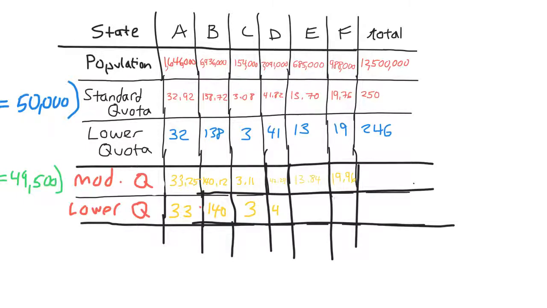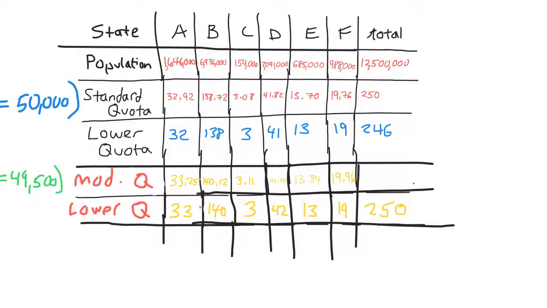We get a 42 here, we get a 13 here, and we get a 19 here. And as a result, when you add all of these up, it actually does end up becoming 250, and therefore we have taken into account all of the seats in Congress.